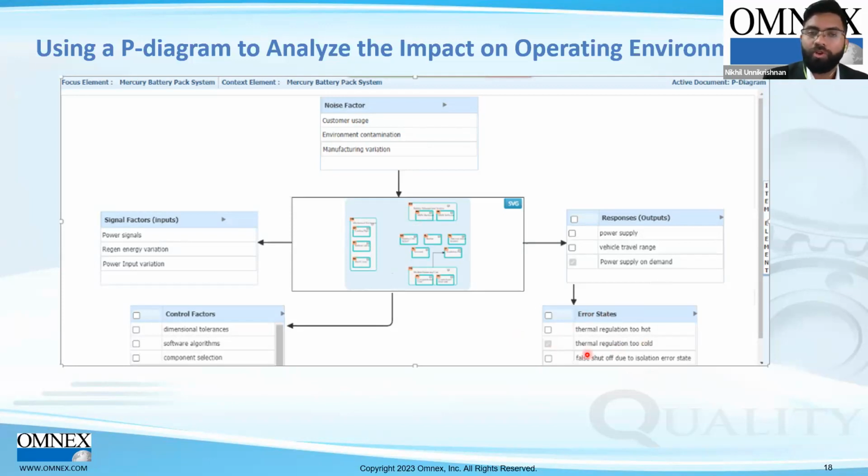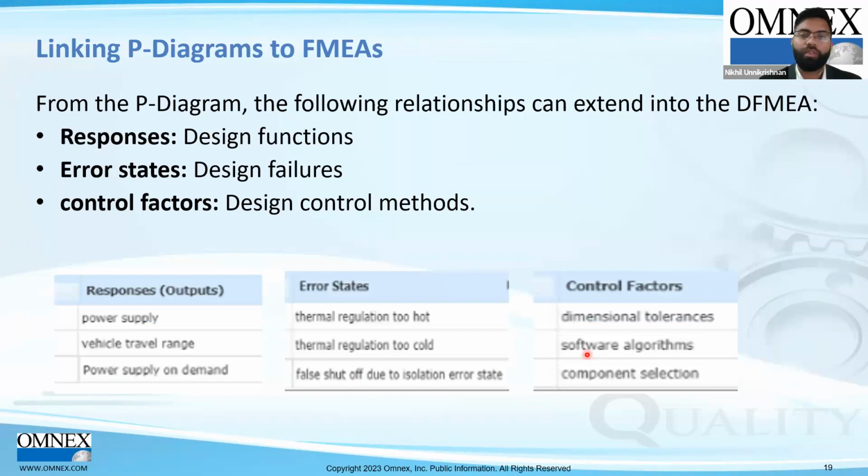So when you look at the P diagram, you can also consider extending the following relationships from the P diagram to the DFMEA. So responses can tie into the design functions, error states can tie into the design failures, and control factors can tie into the design control methods.